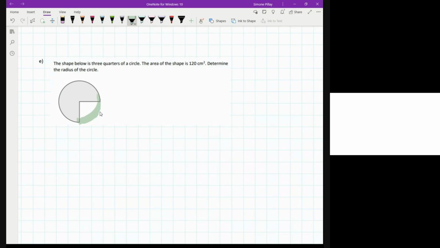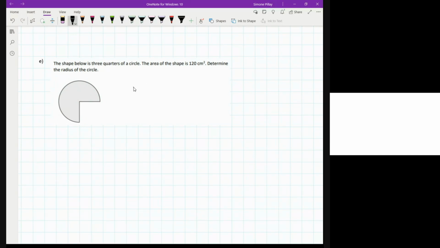Even when we're doing geometry, we have to know how to solve equations. So maths is all integrated, and you need to work on taking all the knowledge that you've got and combining it to do one question. So yes, you may have never seen a 3/4 circle, but you have enough information to know how to do this.